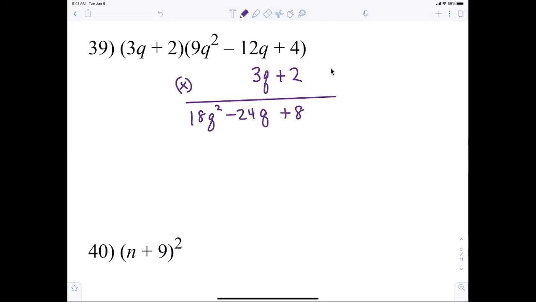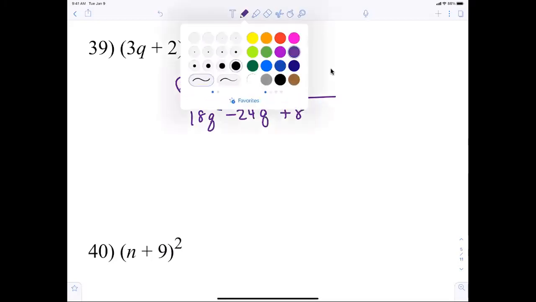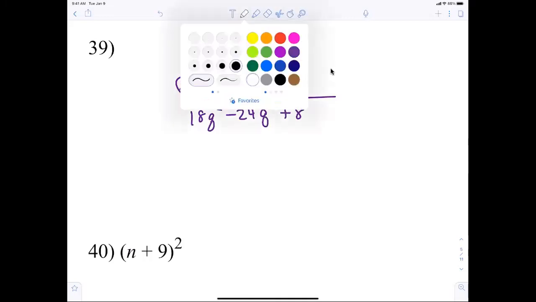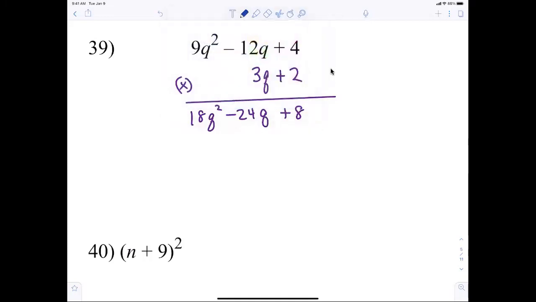This is kind of distracting me, so I'm going to fix it. 3q times 4, positive 8, or no, 12q, right? 3q times negative 12q is negative 36.